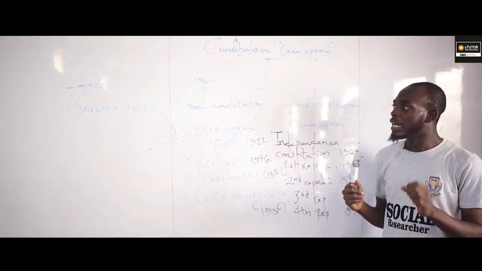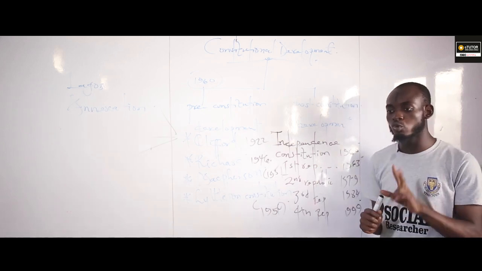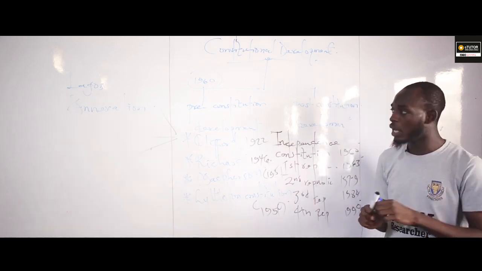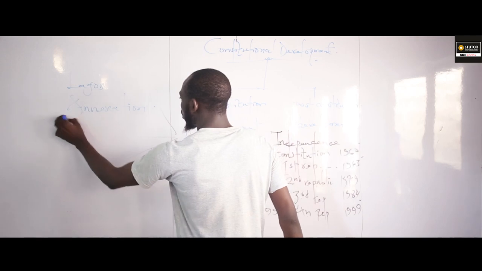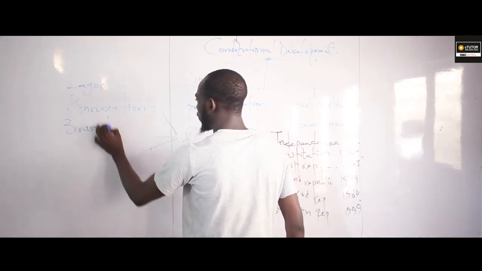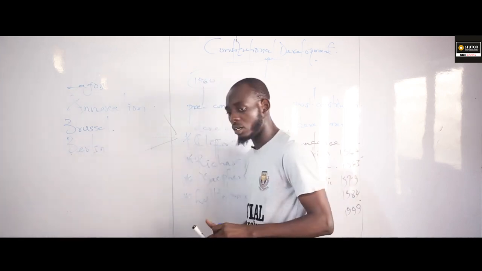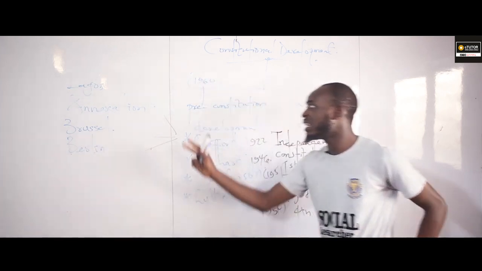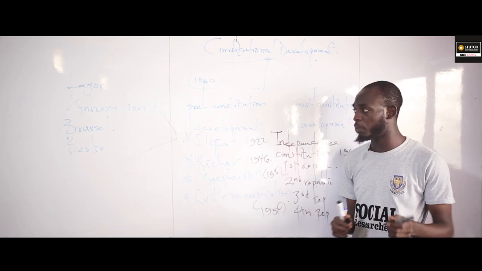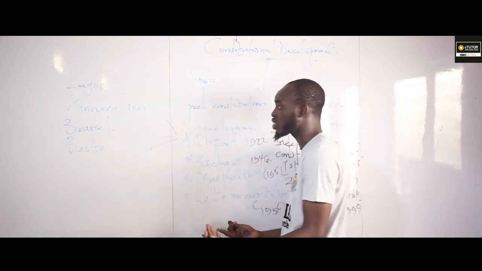Do you understand me? Now, this is not traceable to a particular conference that was held. We call it the Brussels Conference and the Berlin Conference. These are the two major conferences that led to the colonization of Nigeria.